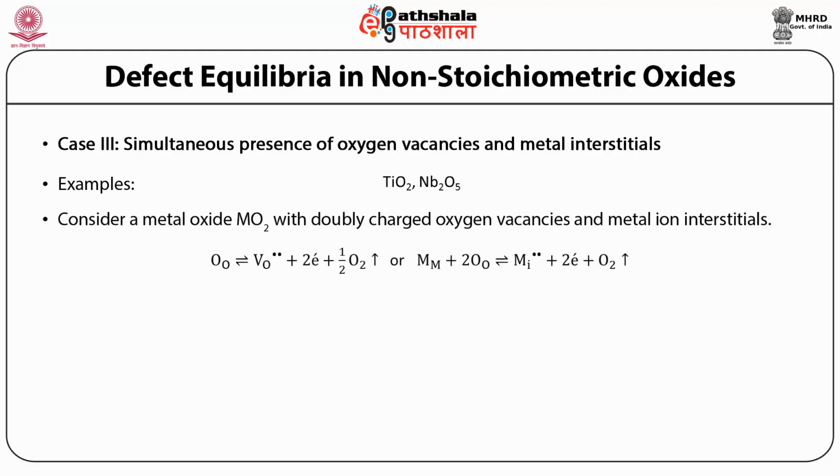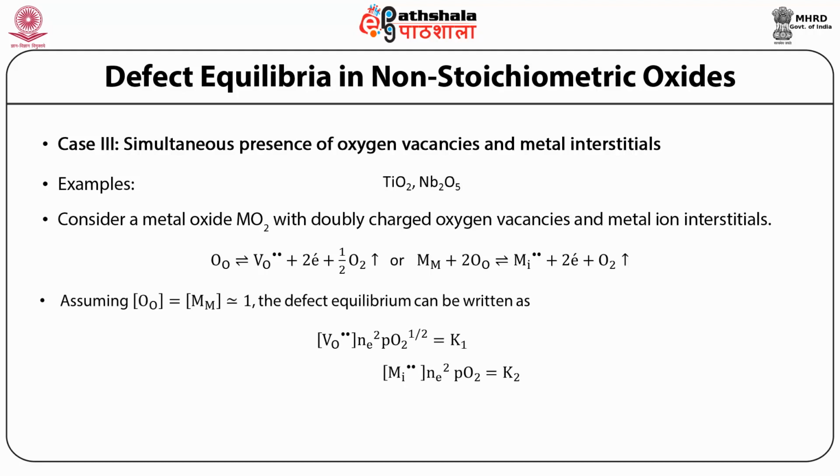Consider a metal oxide, that is MO2, with doubly charged oxygen vacancies and metal ion interstitials. The corresponding defect reaction is OO gives VO double dot plus 2 electrons plus half O2, or MM plus 2OO gives Mi double dot plus 2 electrons plus O2.